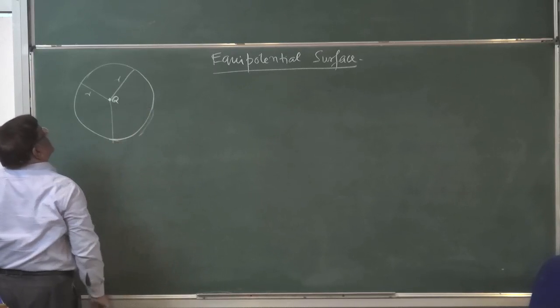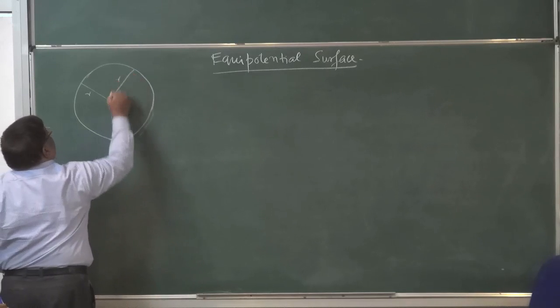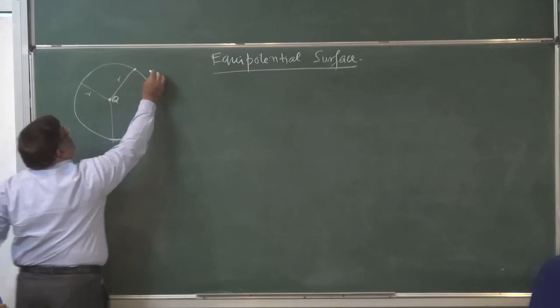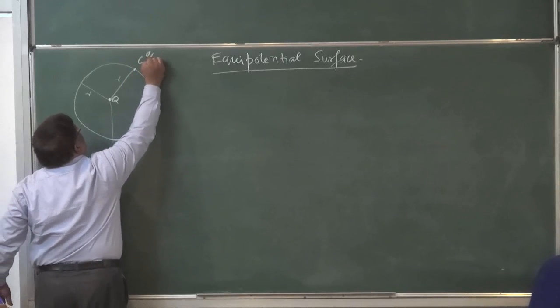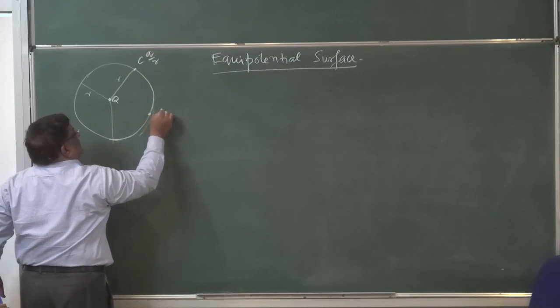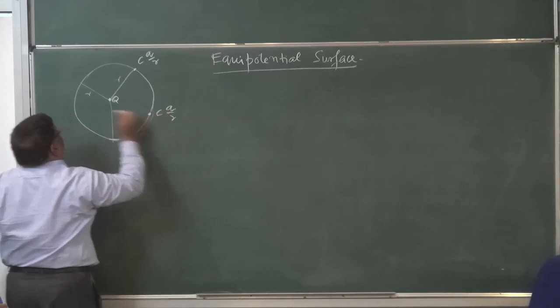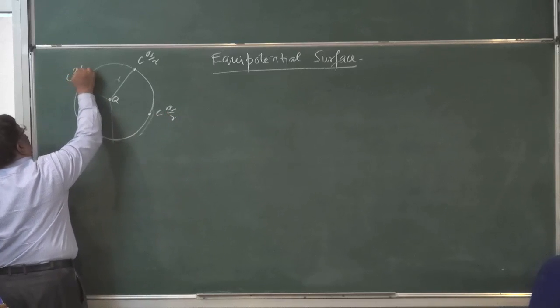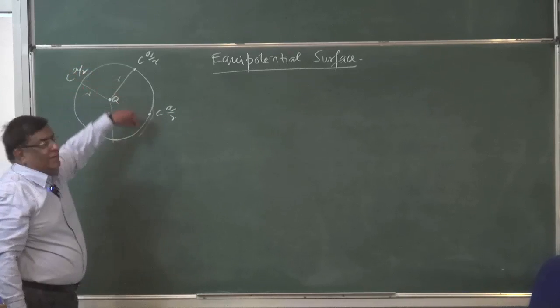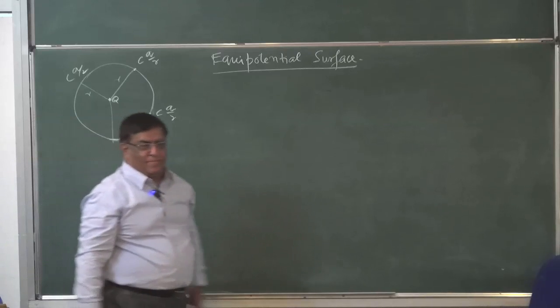Now, what should be the potential at this point? Answer: kq upon r. Here kq upon r. Here kq upon r. Everywhere we find the potential is the same.